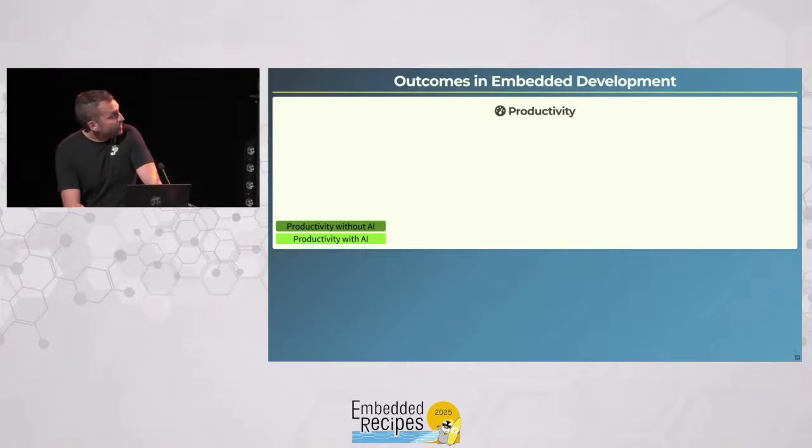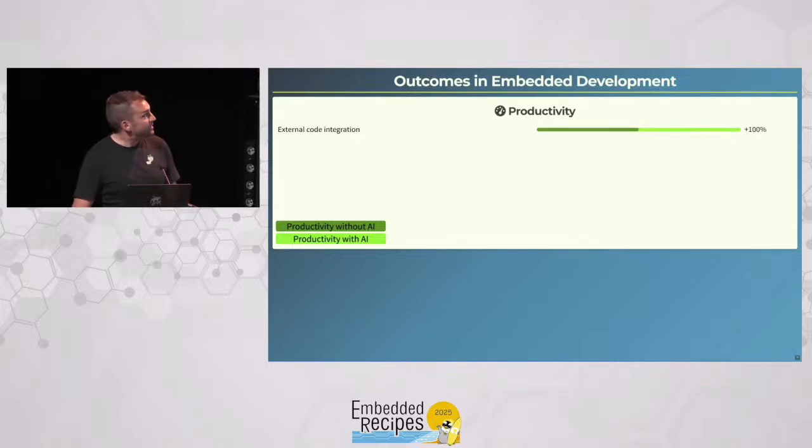So, outcomes in embedded development. That's not real numbers, that's my felt numbers. In dark gray, integrating external code, there is the productivity without AI, and with AI, I think you can integrate external code twice as fast inside your code.